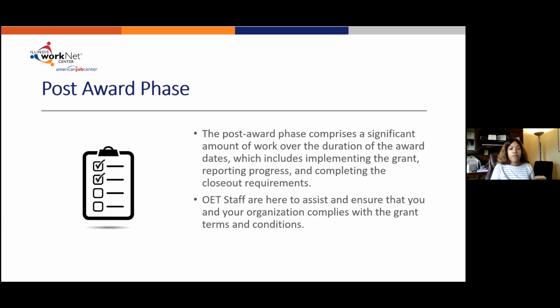The post-award phase comprises a significant amount of work over the duration of your award period, which includes implementing the grant, reporting progress, and completing closeout requirements. As you can see, we do have OET staff that are here to assist and ensure that you and your organization comply with the grant terms and conditions.